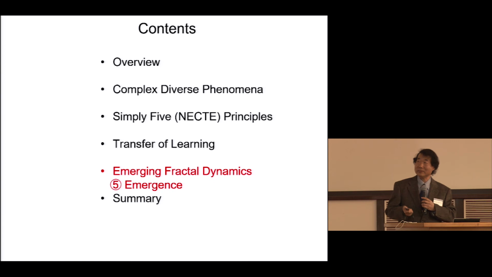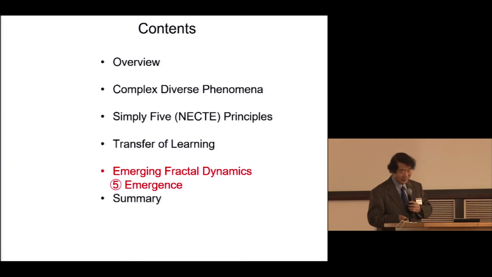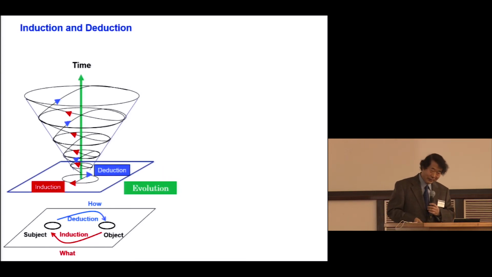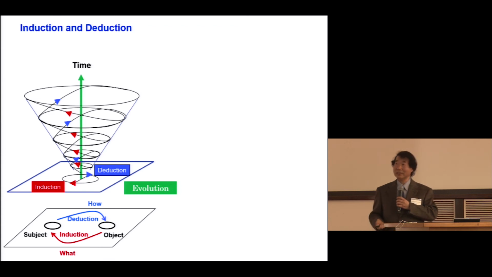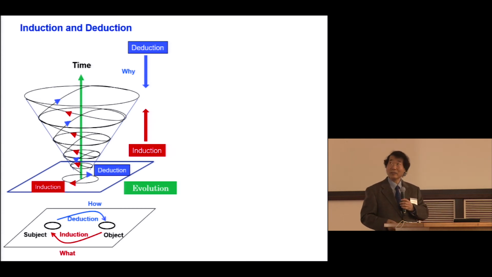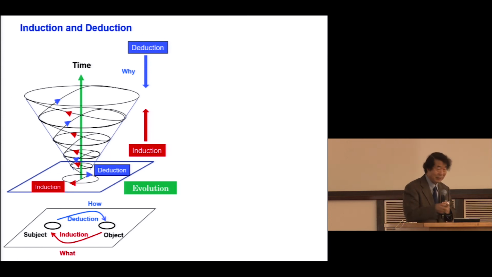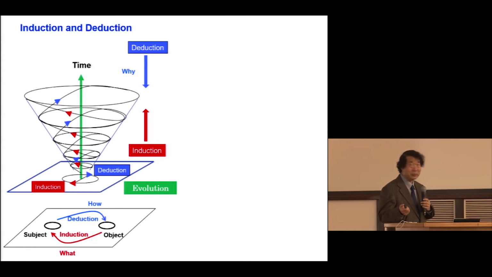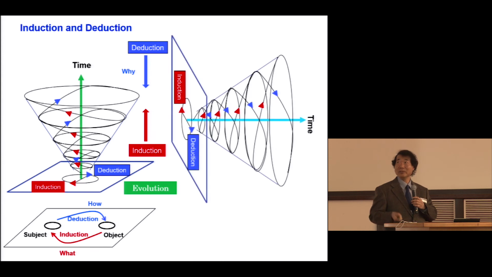Now going into emerging fractal dynamics. As we already know, self-non-self circulation leads to spiral-like patterns. As a result, a meta-level new dimension of deduction and induction appears, but at this time a new kind of spiral appears in this direction.